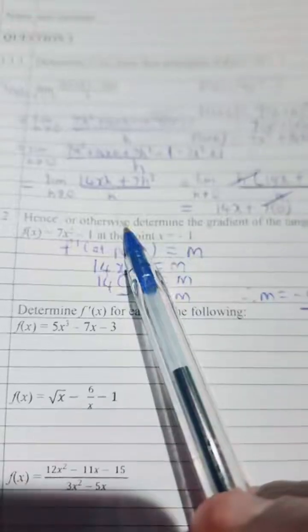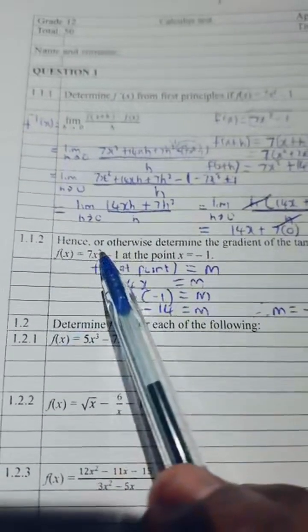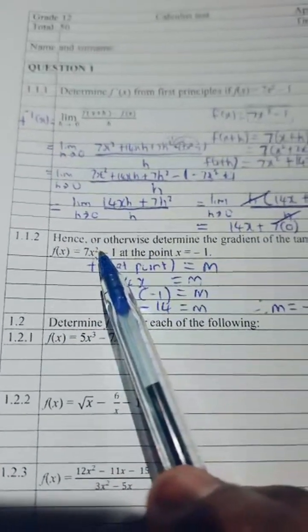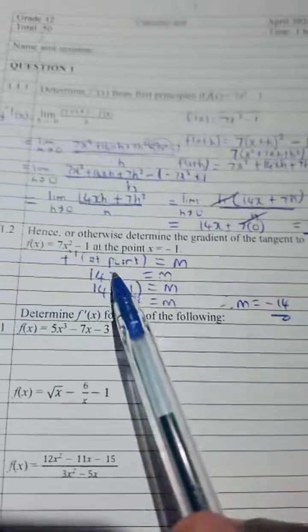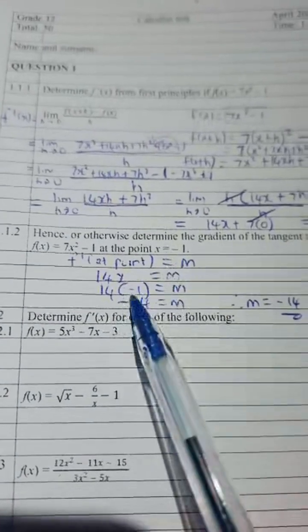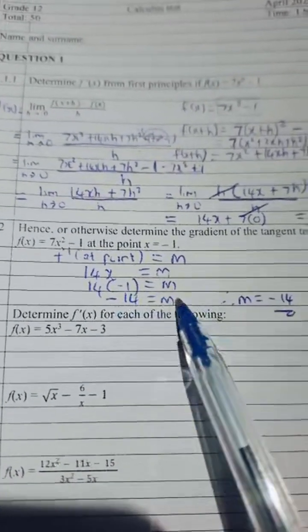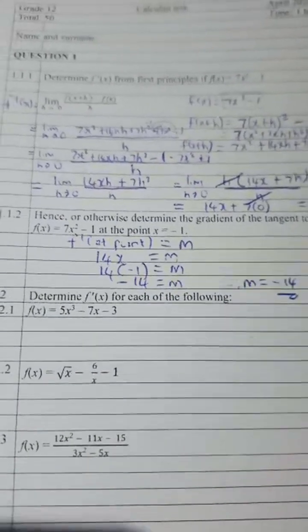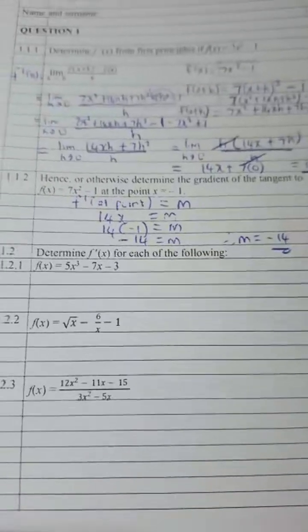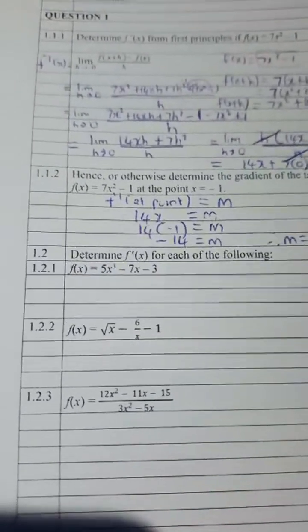I could otherwise this question if I wanted to, and that is just finding the derivative using the power rule. I would have still gotten 14x, of course, and then I would have substituted the value of x, which is negative 1, so that I can get the value of the gradient. Okay, if we are all clear, all systems go, then great. Let's move on to 1.2.